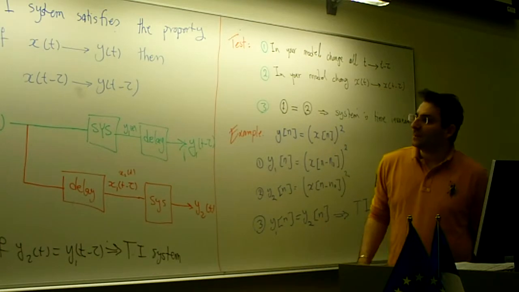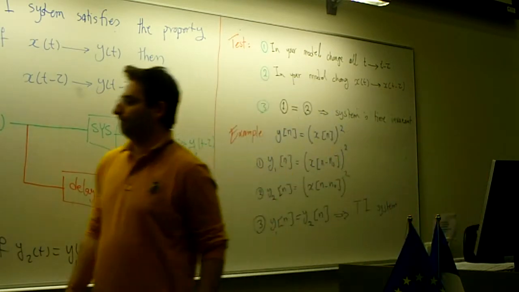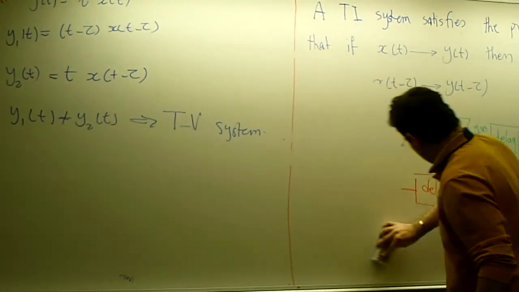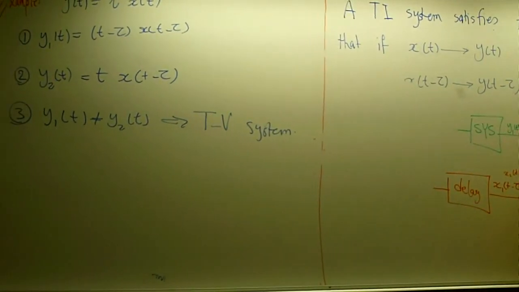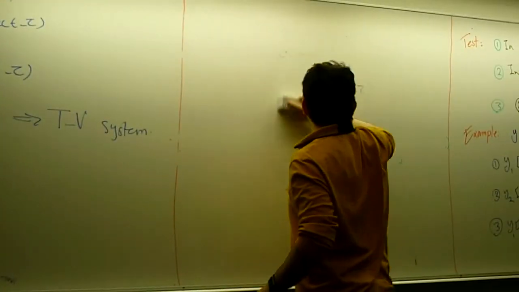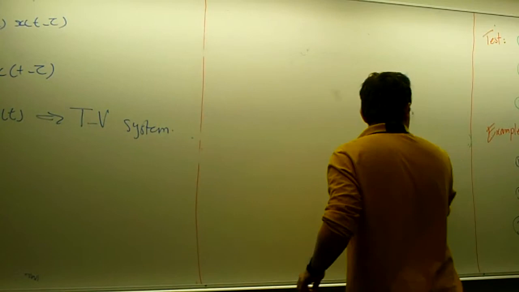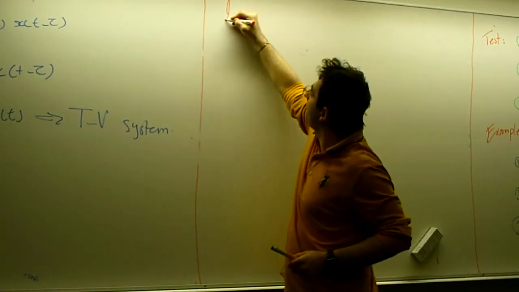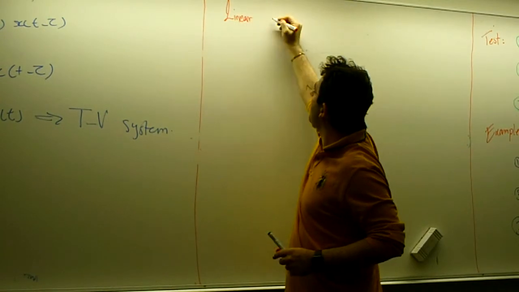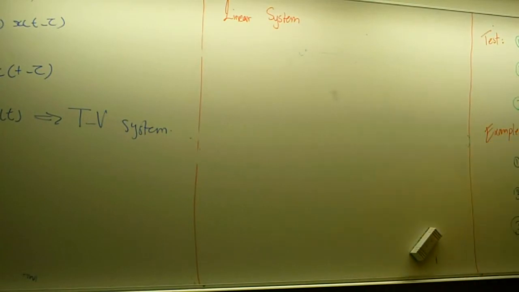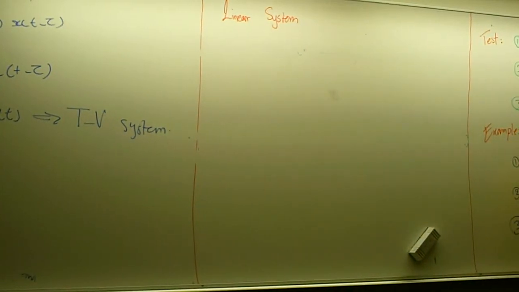The next property was linearity. We talked about linearity and then we finished today's lecture. What is a linear system?